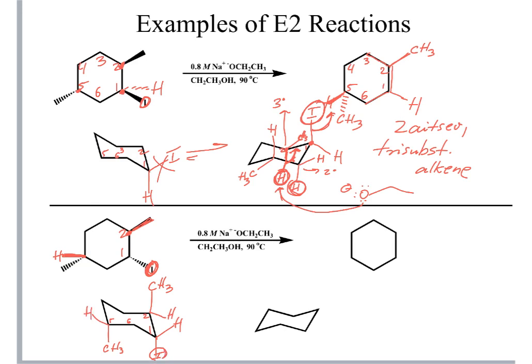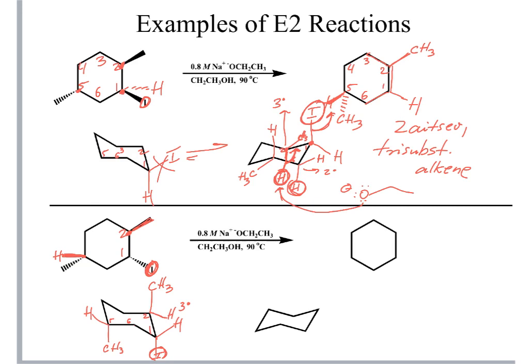I circled the leaving group. I confirmed that it is occupying an axial position, and then I will draw my alpha hydrogens. I have 1 tertiary hydrogen at carbon number 2, it is equatorial, so it will not be eliminated.